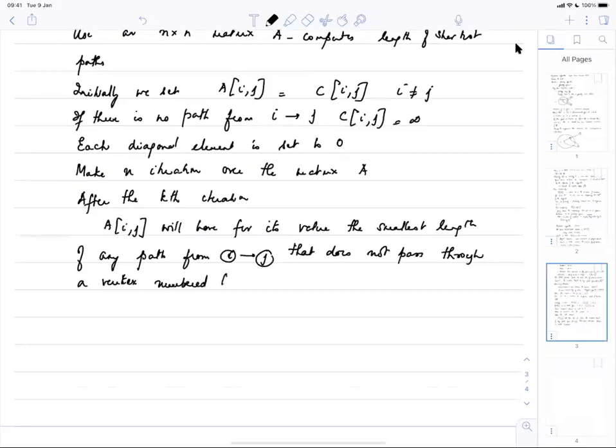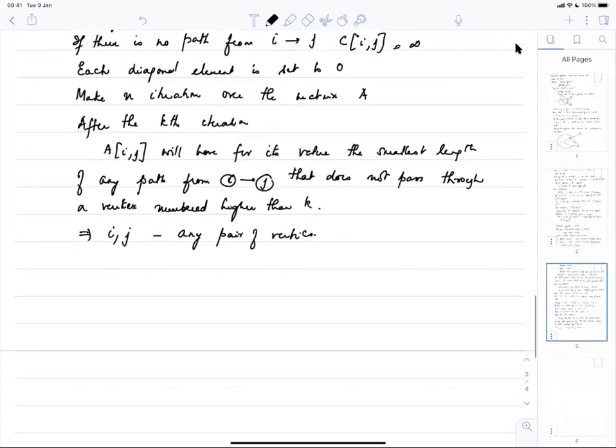This is the most important part. Higher than k. This implies i and j can be any pair of vertices. Any intermediate vertex on the path must be less than or equal to k.